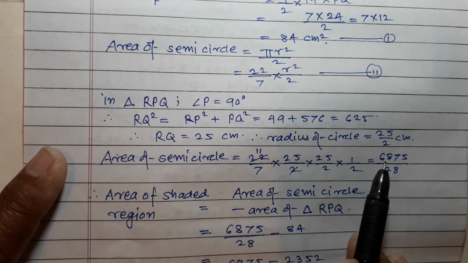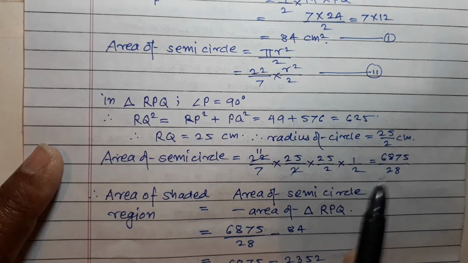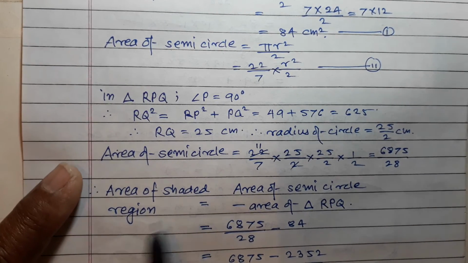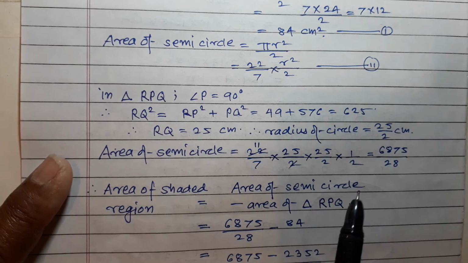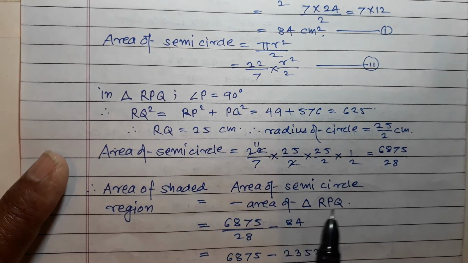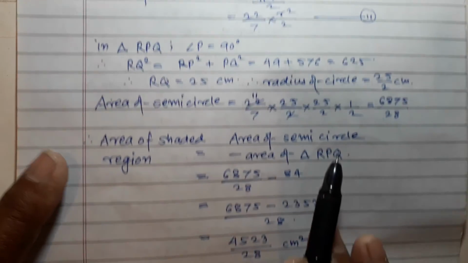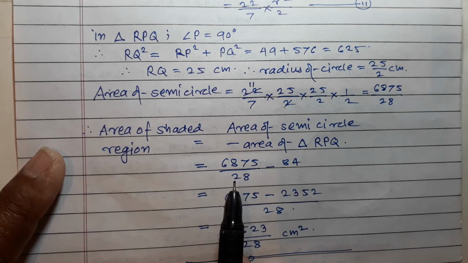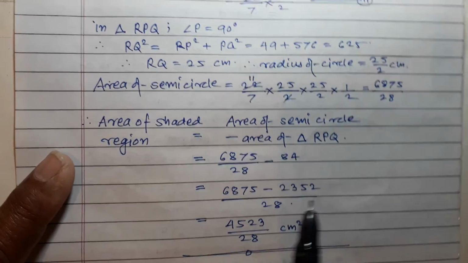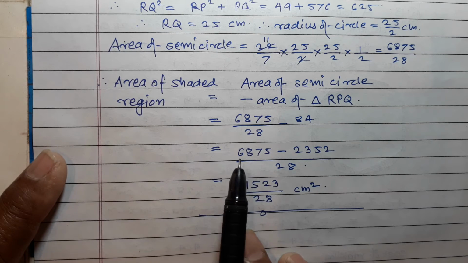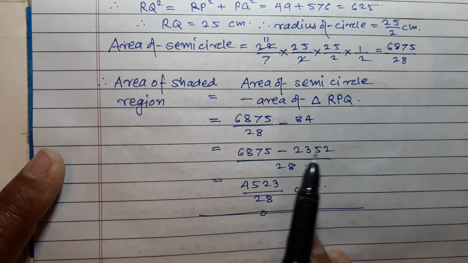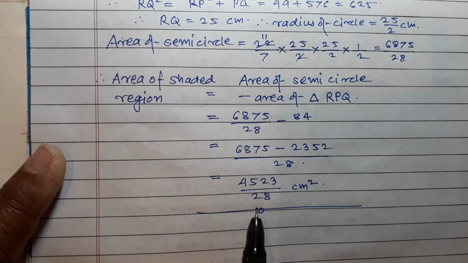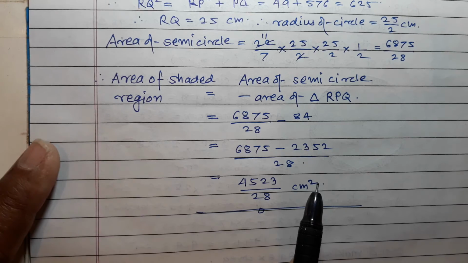If you simplify this, you will get 6875 upon 28, and therefore area of shaded region is equal to area of semicircle minus area of triangle RPQ, is equal to 6875 upon 28 minus 84, which gives you 6875 minus 2352 upon 28, is equal to 4523 upon 28 cm square.